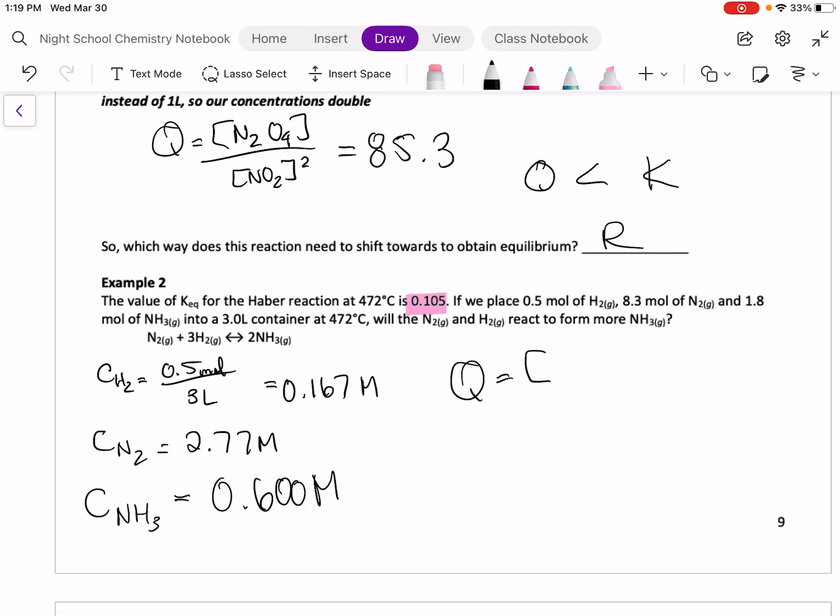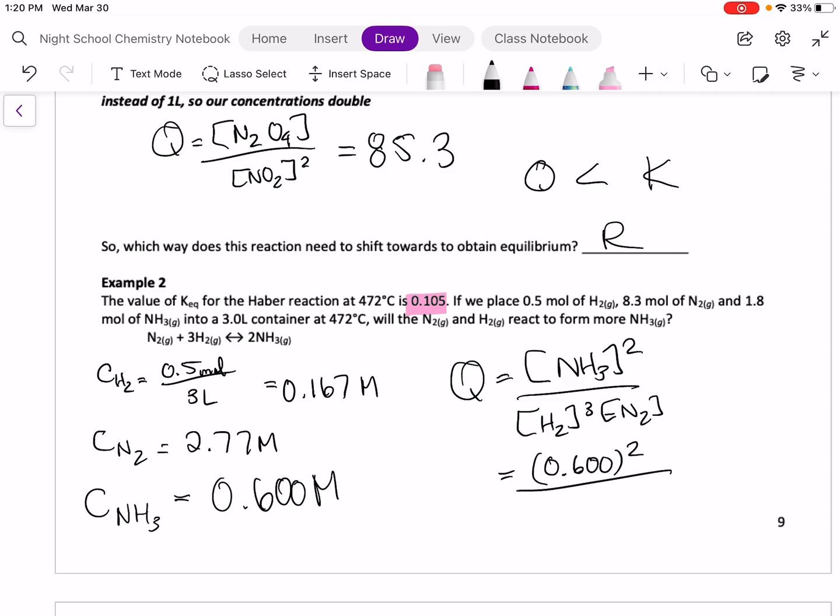My products over my reactants, I get 0.600 to the power of 2, over 2.7 times 0.167 to the 3.